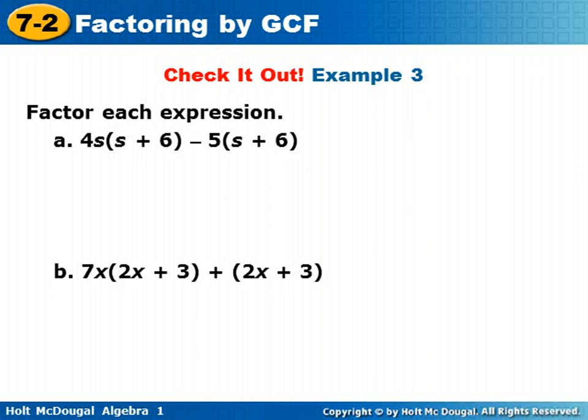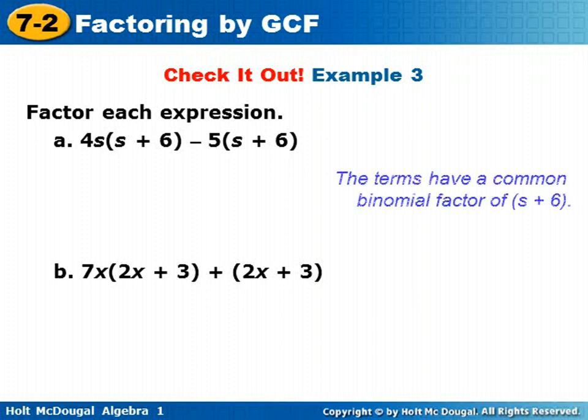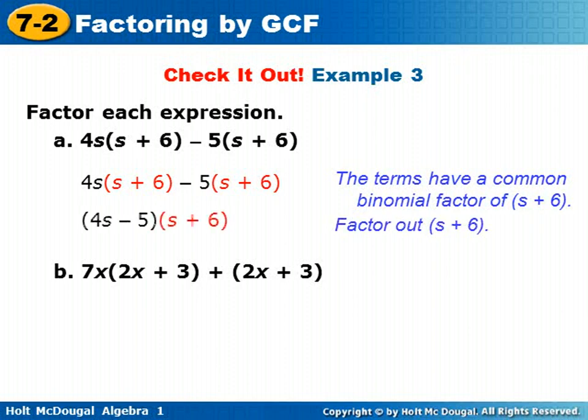Here are 2 examples for you to try, so you can pause the video and then press play to find the answers. For A, the terms have a common binomial factor of s plus 6. We're going to factor out the s plus 6, leaving us with 4s minus 5 times s plus 6.